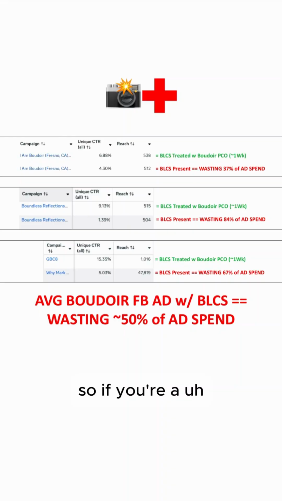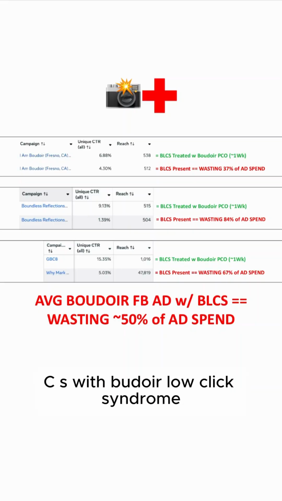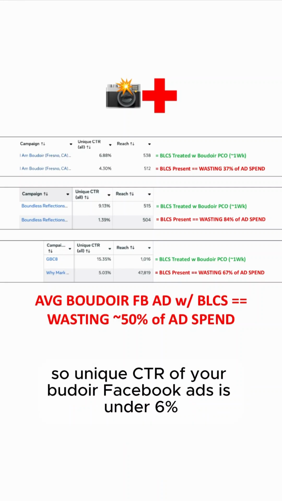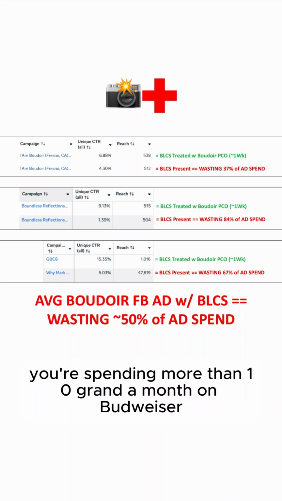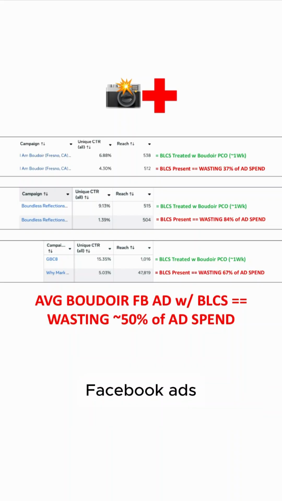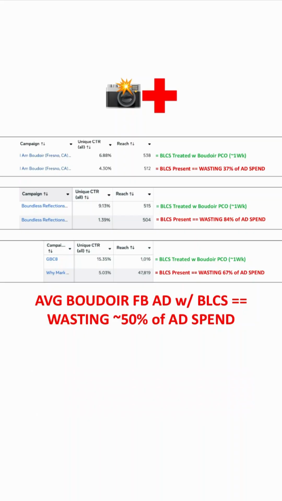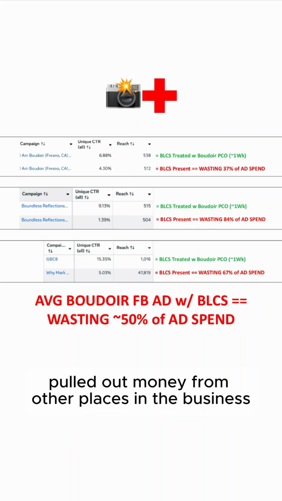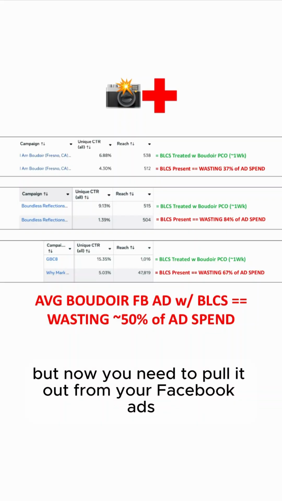So if you're a BLCA, a Boudoir low click advertiser with BLCS, so the unique CTR of all your Boudoir Facebook ads is under 6%, and you're spending more than 10 grand a month on Boudoir Facebook ads, and you decide you gotta get this BLCS fixed because you've pulled money out from other places in the business that you've been able to optimize, but now you need to pull it out from your Facebook ads.